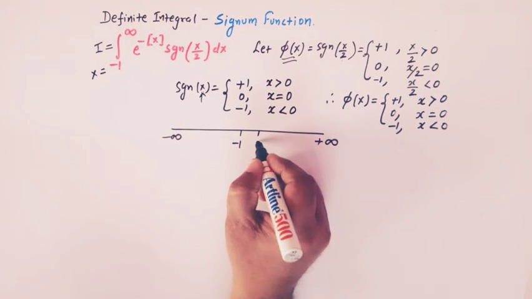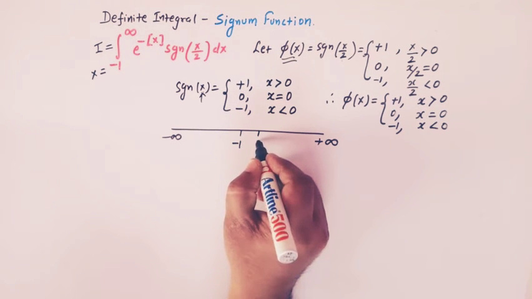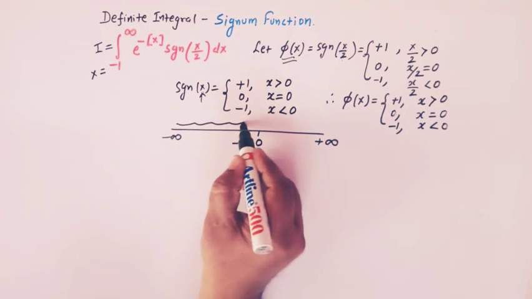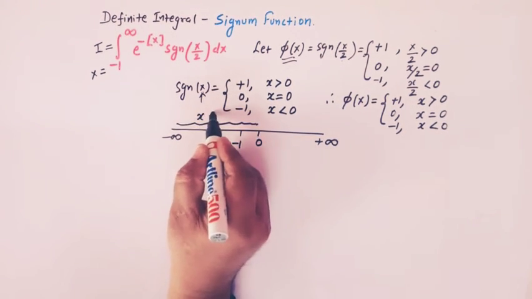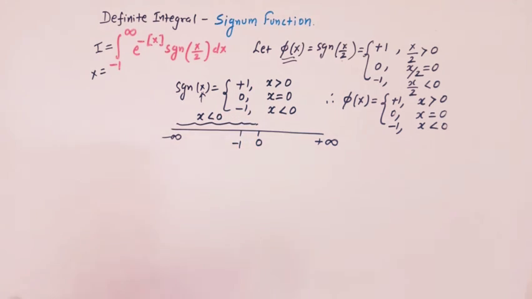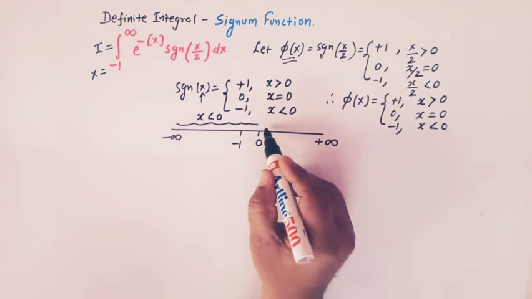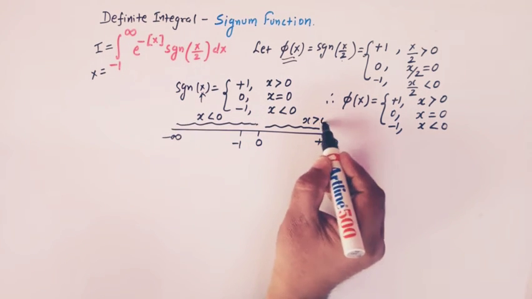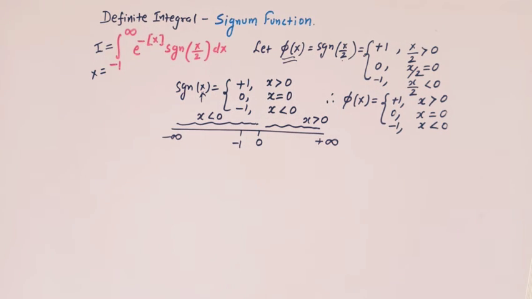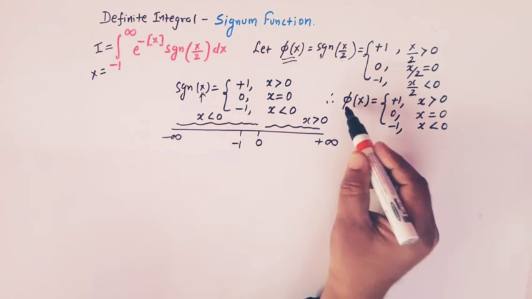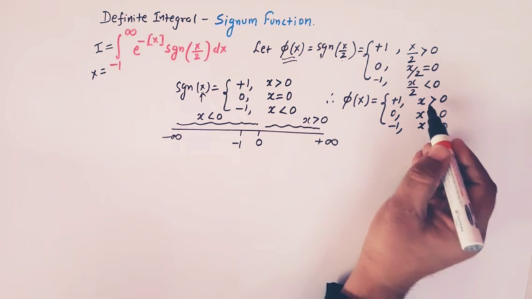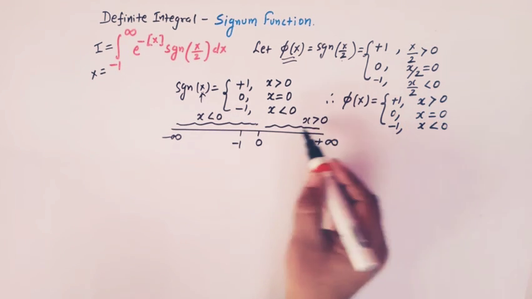Let us take x equal to 0. In this part we have x less than 0, and in this part we have x greater than 0. What does this imply? It implies that phi of x takes the value plus 1 whenever x is greater than 0.